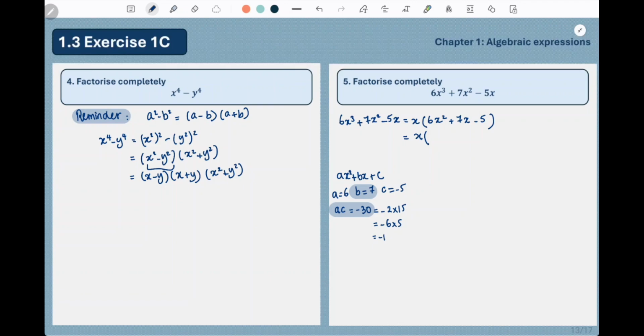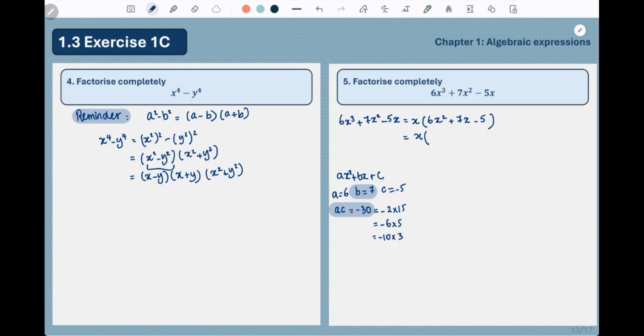Minus 10 times 3. So which one of these adds up to 7? 15 minus 2, no, it gives you 13. Neither does 2 times minus 15, it gives you minus 13. 6 minus 5 or 5 minus 6 gives you 1 or minus 1. So my suspect is minus 10 times 3.